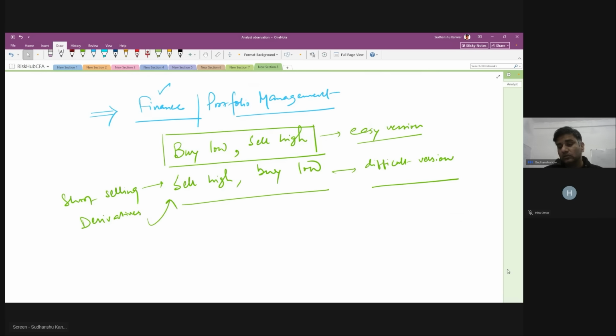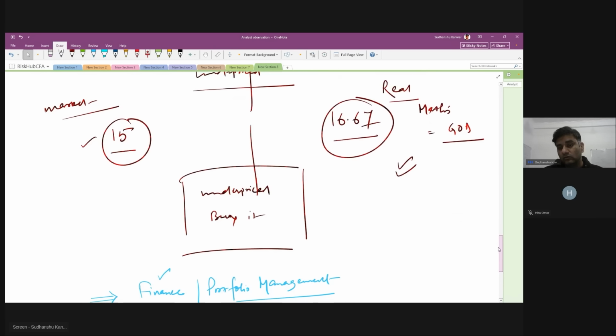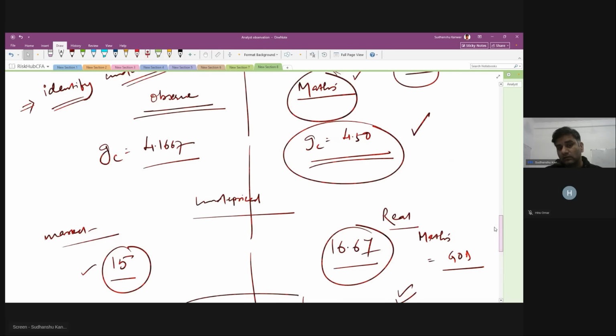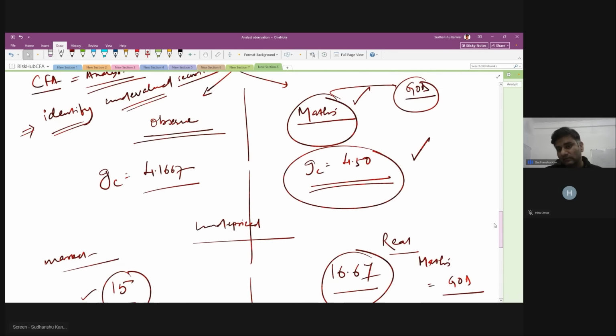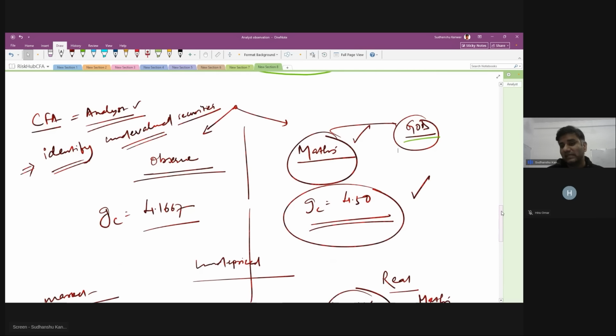This is the whole point, and you will see it again and again in CFA. Please keep in mind, people get very confused. That's why I give this God and all that I write. The logic is this only: always remember that this side is always right. Don't try to follow what the market is saying. The market is emotional.